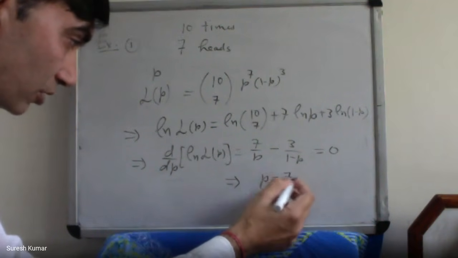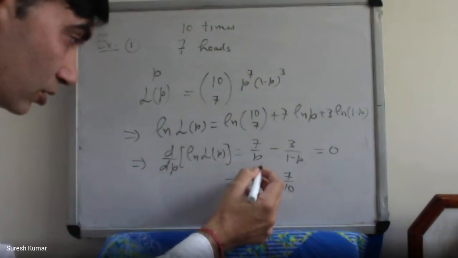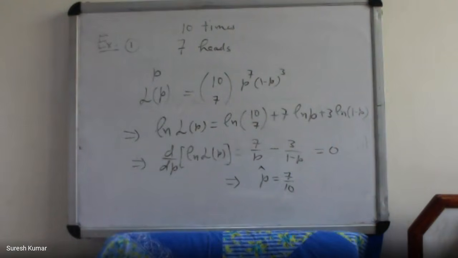Yes, it is 7 by 10. So this is the point estimate of p from ML method. Using the sample information, the point estimate for p from ML method is 7 over 10.